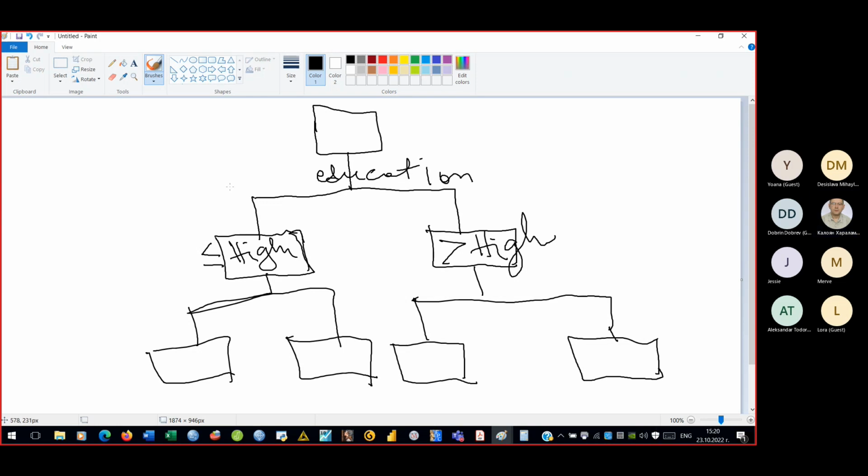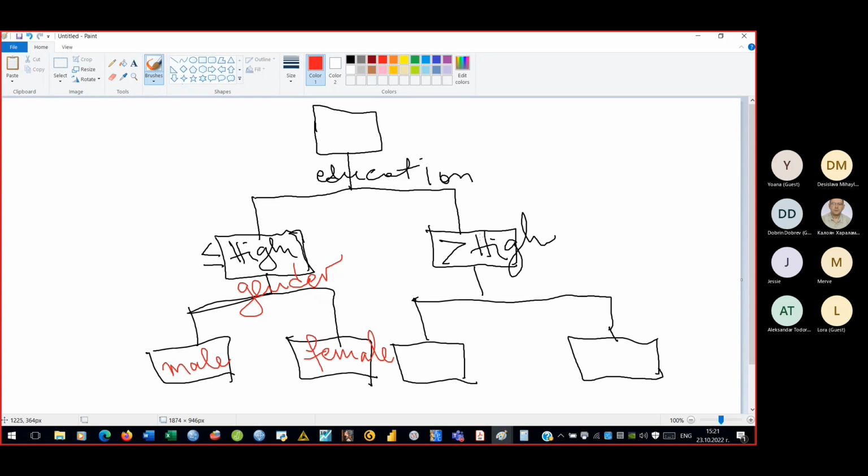But for this group here, it is possible for the next factor to be, for example, gender: one group male, other group female.